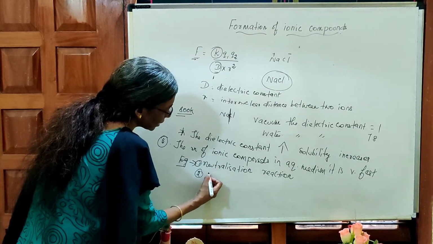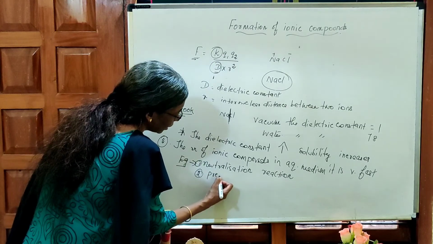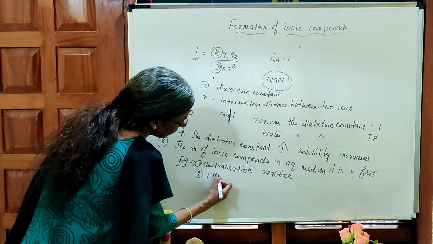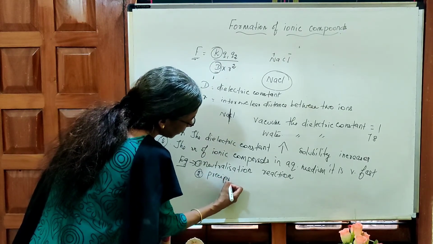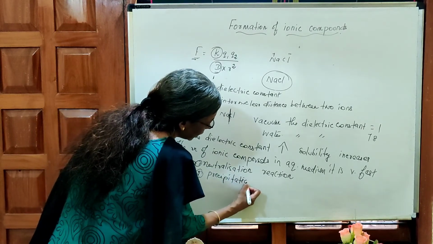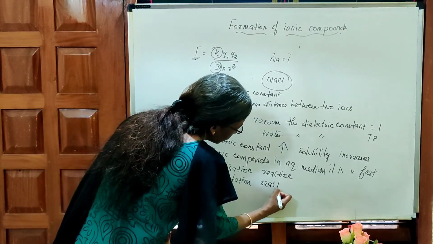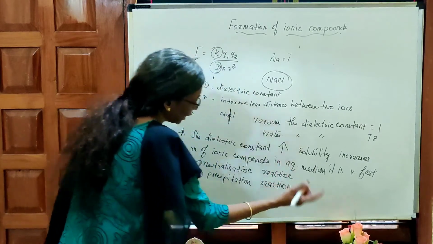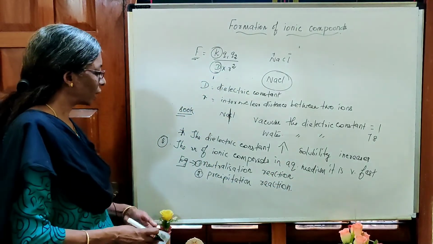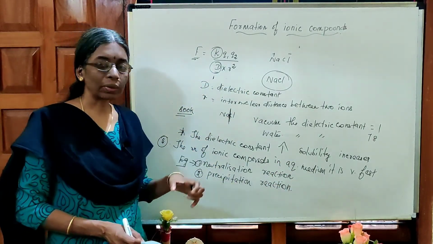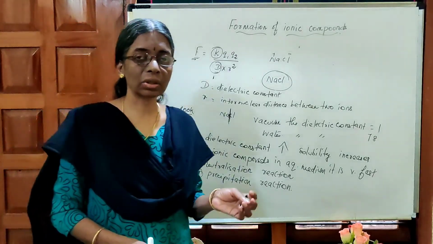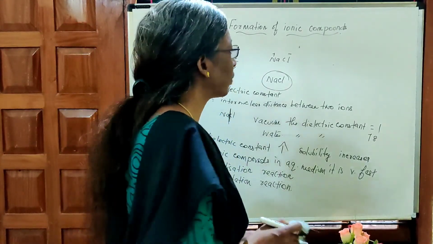Second, you might have studied the precipitation reaction or double displacement reaction. These reactions we will study later in equilibrium. This is just an example. So in aqueous medium, the reactions of ionic compounds are very, very fast.